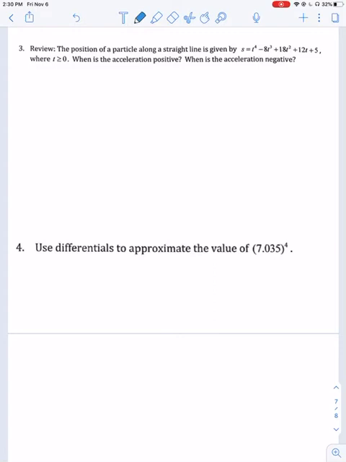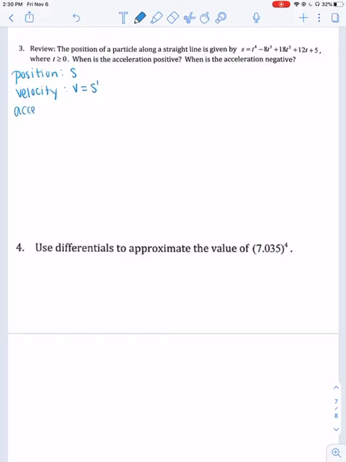So this brings us back to something from, when was it? I think chapter 2. The position here is given by this function s. The velocity is the derivative of the position function. So v is the derivative of the position function.